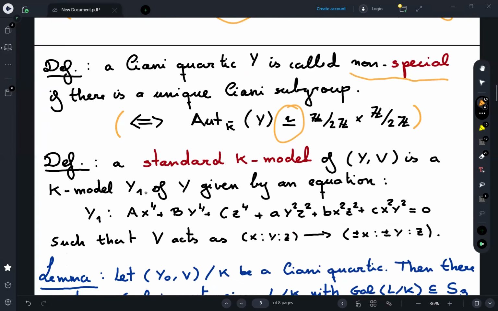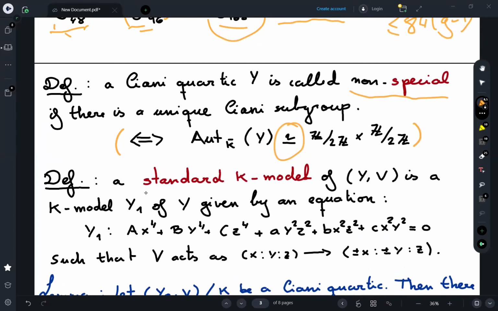So, definition: a standard model for a Ciani quartic is a model of the curve that looks like the equation that you have here, in such a way that the choice of the subgroup V, the Ciani subgroup, actually corresponds to this symmetry, basically multiplying the variables by -1.